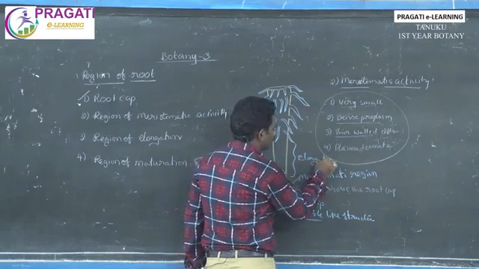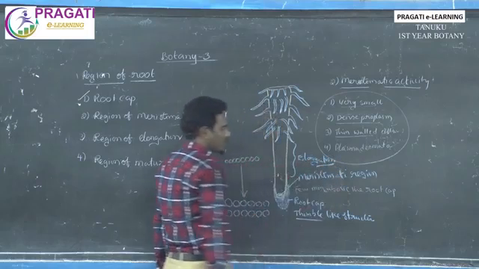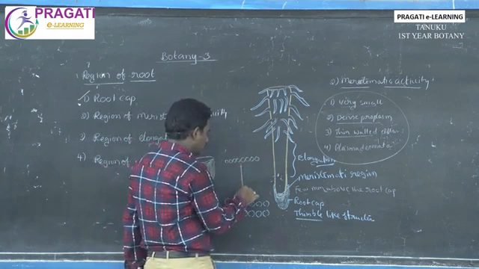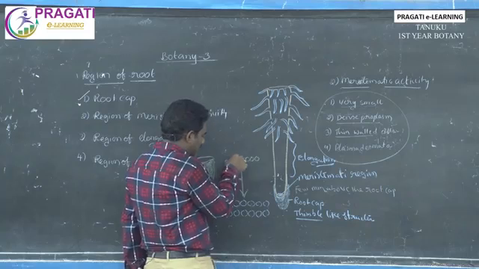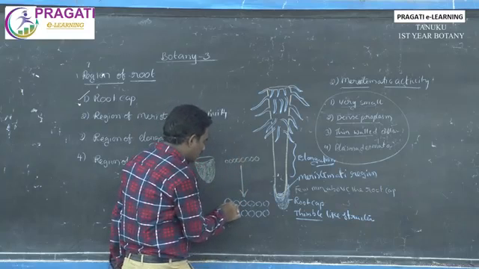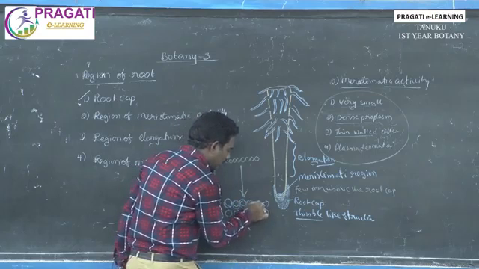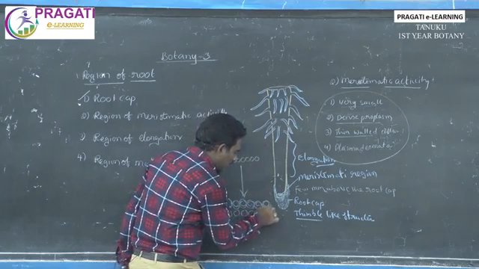In this elongation region, the meristematic cells, which are very small, convert into large size cells. They enlarge in size and increase the length of the plant root.